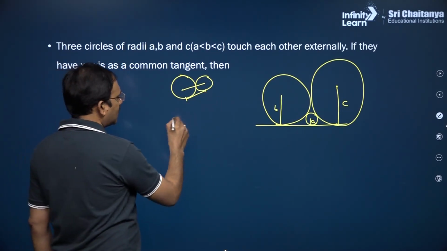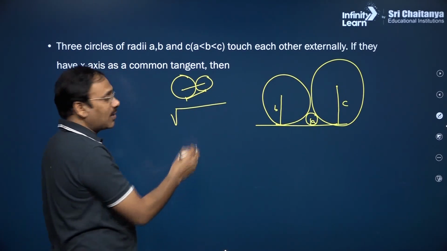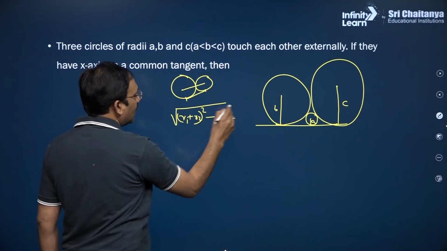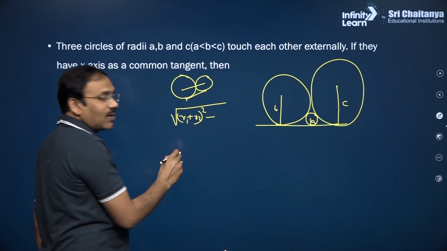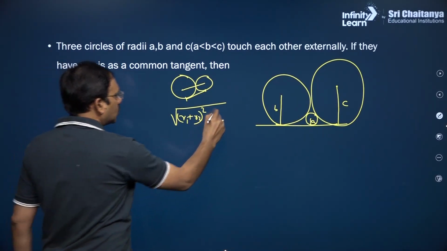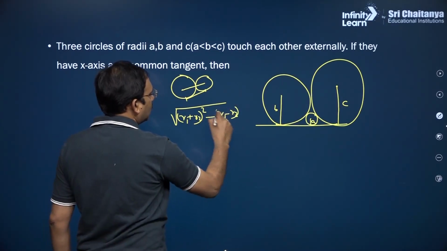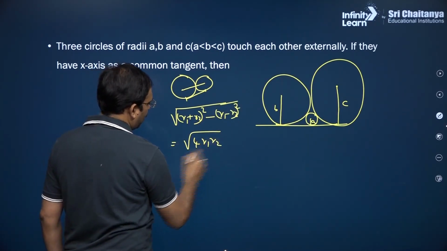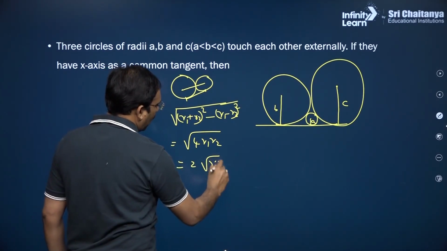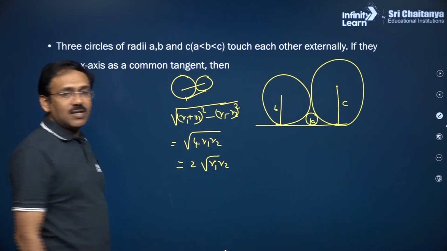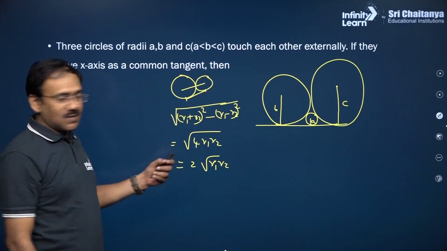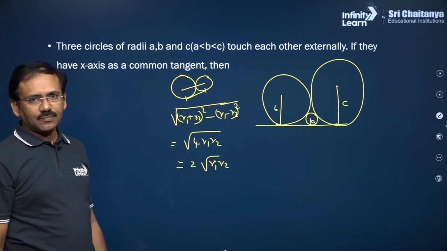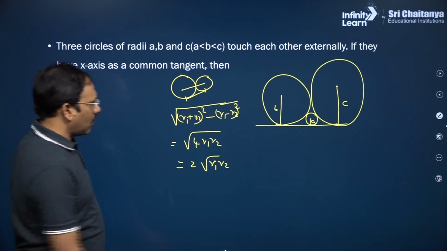So, here, my dear friends, direct common tangent formula is square root of D square minus R1 minus R2 whole square, where D is the distance between their centers, R1 plus R2 whole square, minus R1 minus R2 whole square, which becomes square root of 4 R1 R2, my dear friends, which is 2 into root of R1 R2. So, first point is, if two circles touch each other externally, the length of this direct common tangent is going to be 2 root of R1 R2.